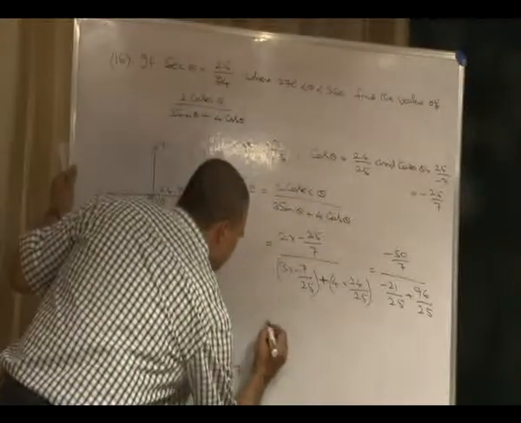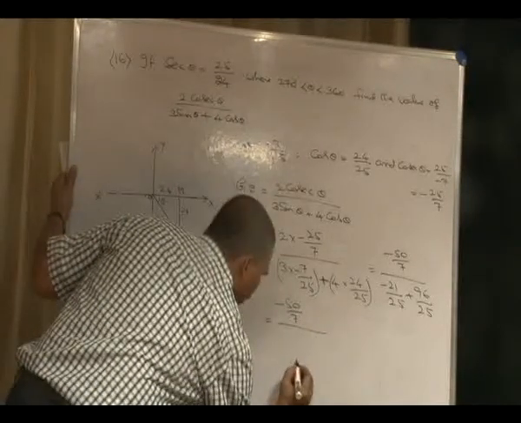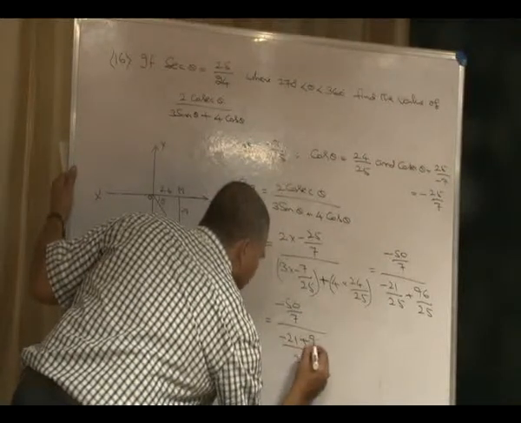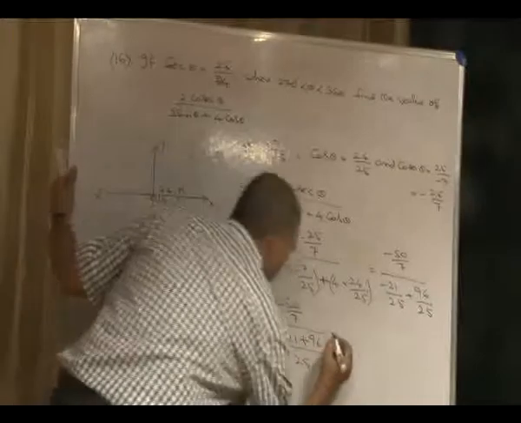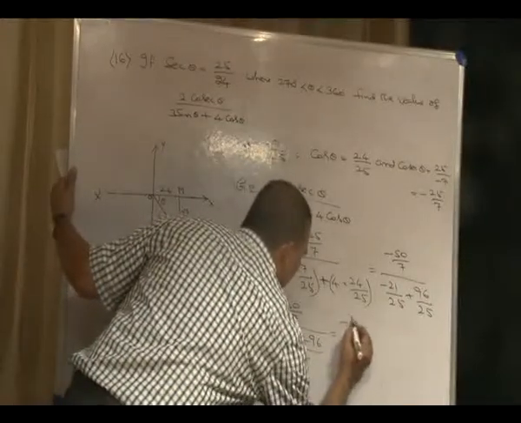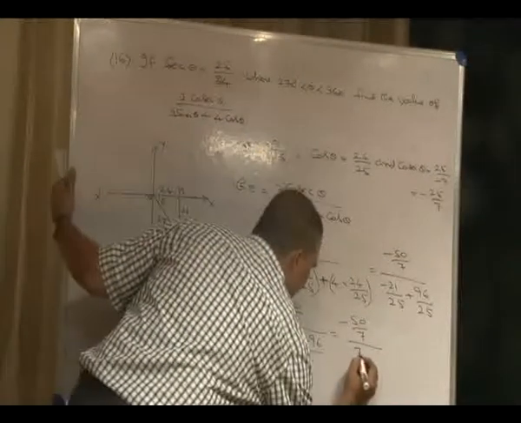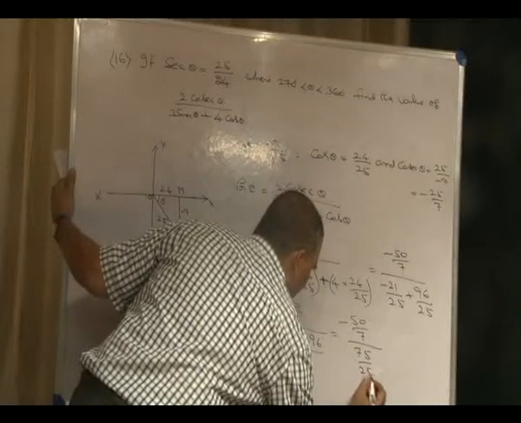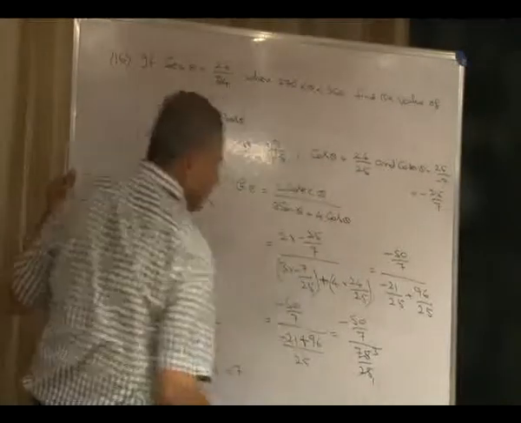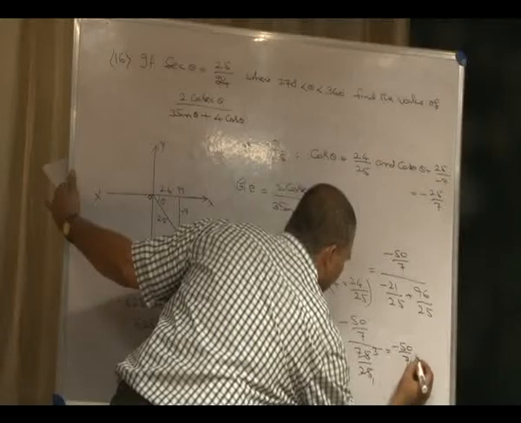That equals minus 50 by 7 upon, 25 is the LCM, minus 21 plus 96. That equals minus 50 by 7 upon 96 minus 21, which is 75 by 25. 25 ones are 25, 25 threes are 75, so that equals minus 50 by 7 upon 3.